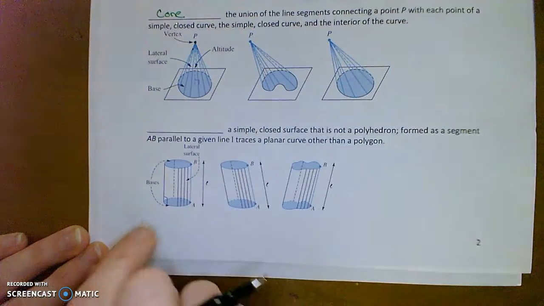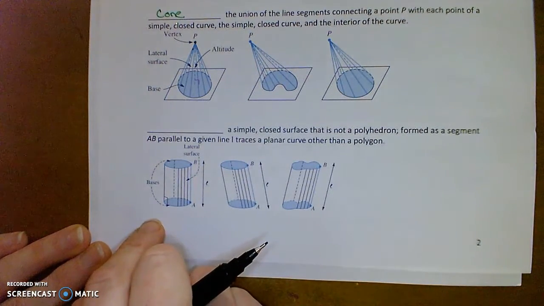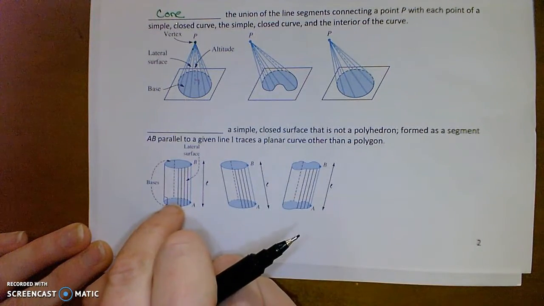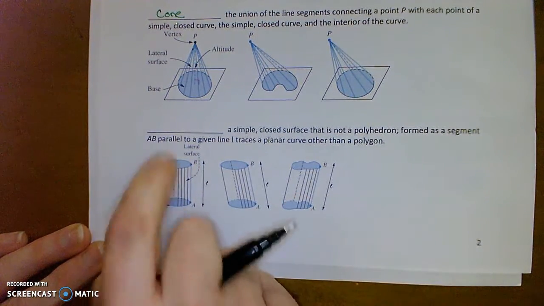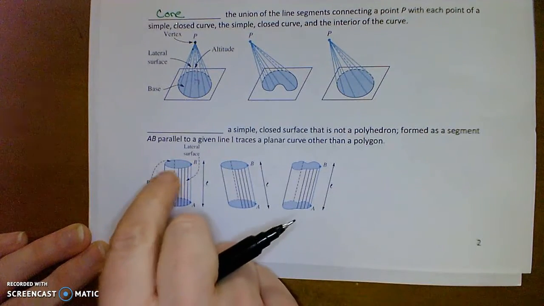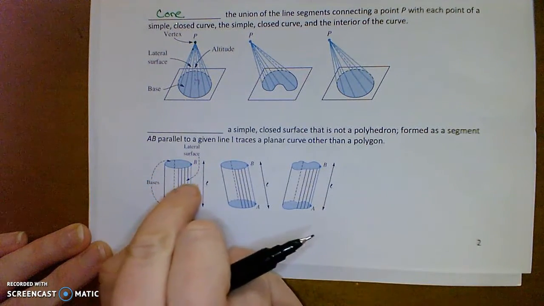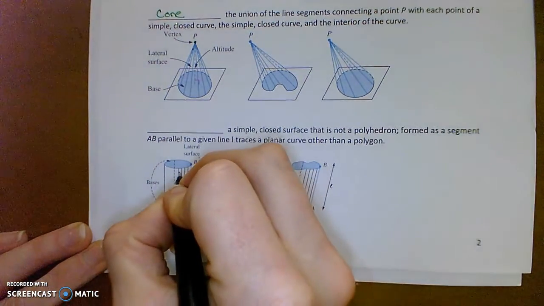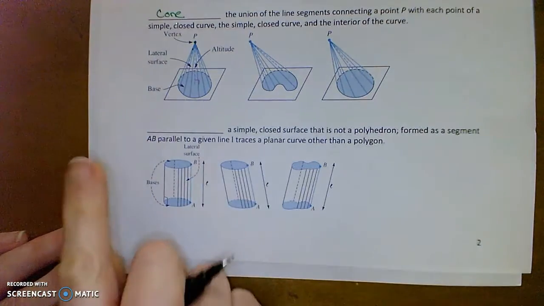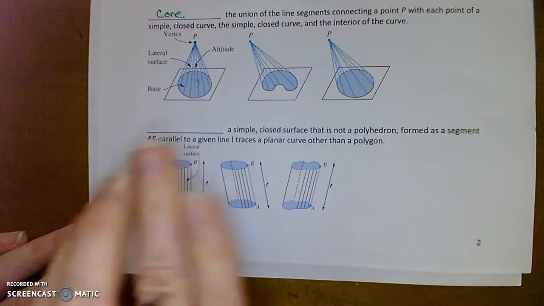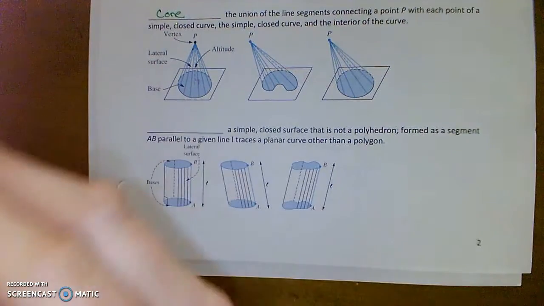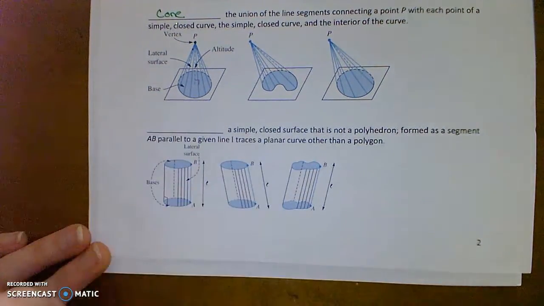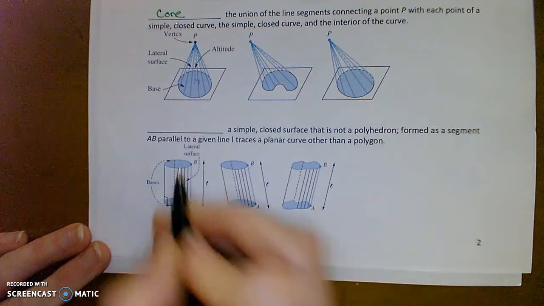All right, and similarly to a prism, we have these objects, which are given by two congruent bases in parallel planes. And then instead of having the lateral faces all bounded by parallelograms, what we have is an entire lateral surface that is round, that can be shaped along the circular bases.